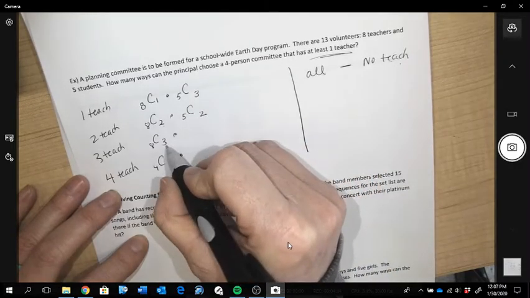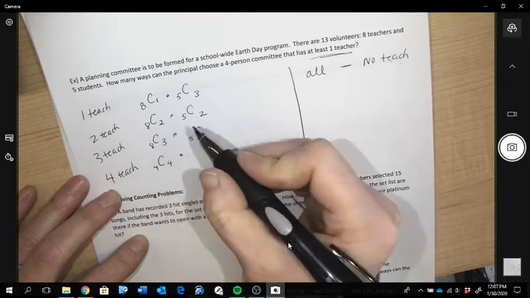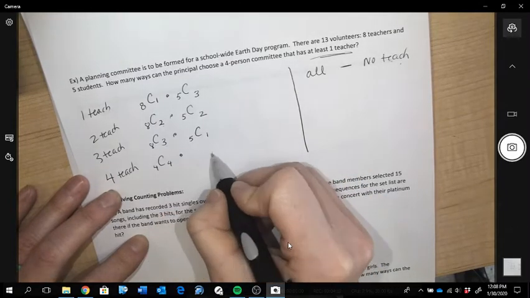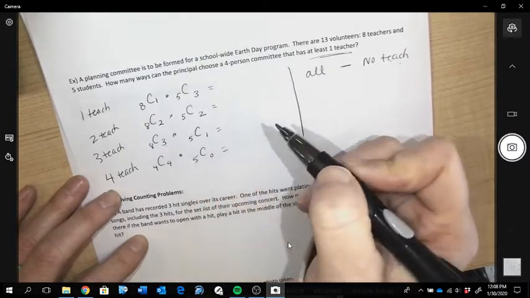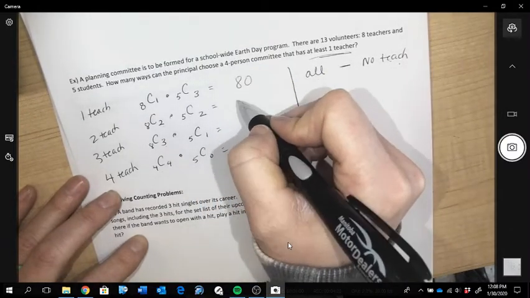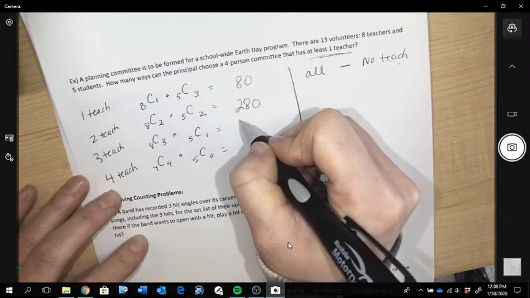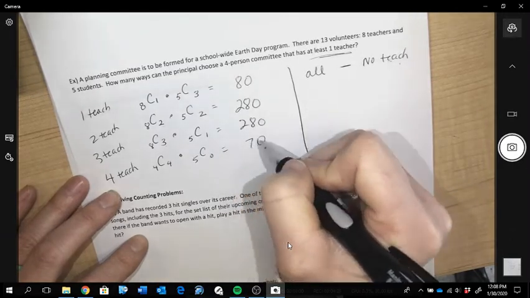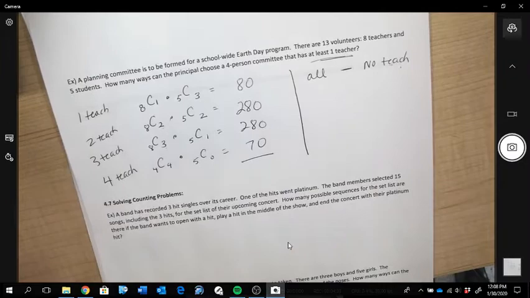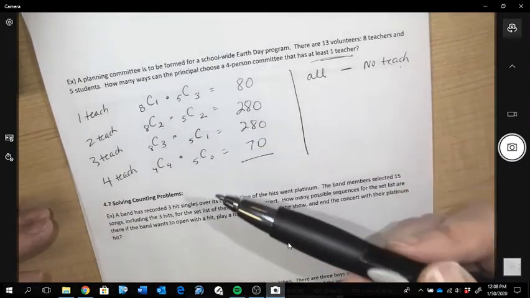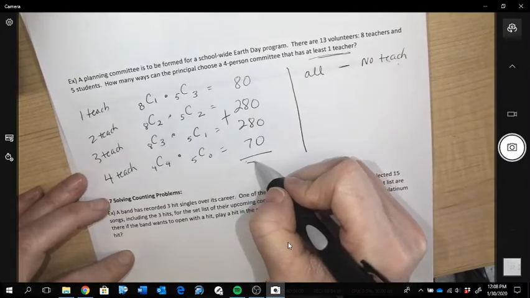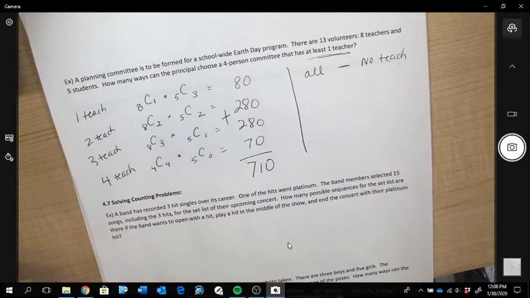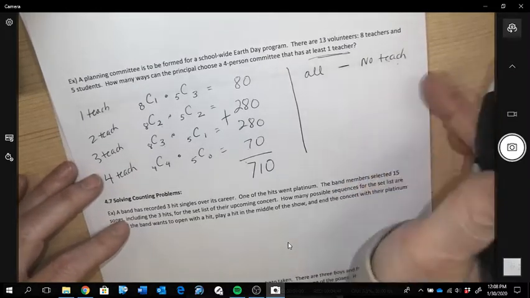If you have 3 teachers, you need 1 student. And if you have 4 teachers, you don't need any students. Okay, so this is 80, 280, 280, and 70. Since these things are not happening at the same time, it's this or this or this, then you're adding. 710.